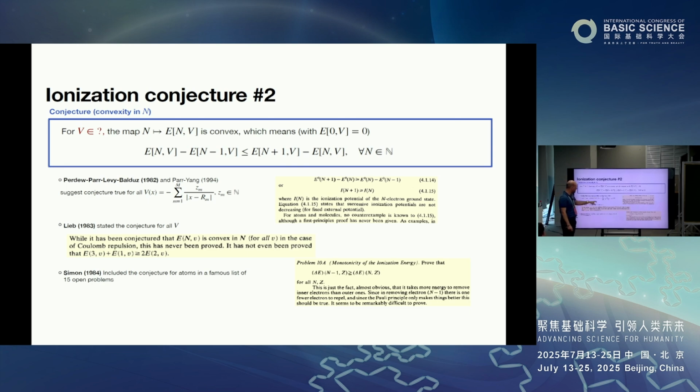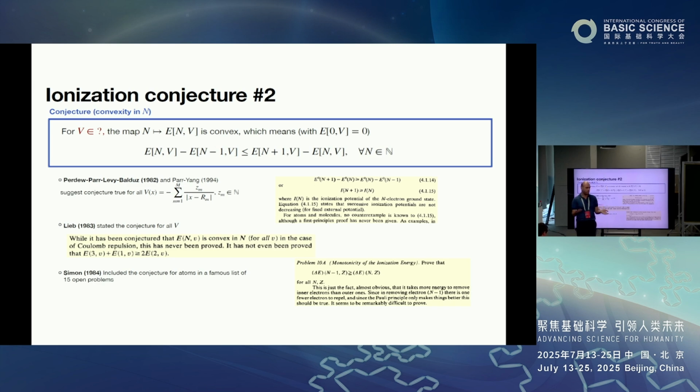They are chemists, so it was in 82, and they conjectured that this is true for a confining potential for molecules. Then it was restated in more mathematical terms by Lieb in 83, and it appears again as one of the open problems stated by Simon in his paper in 84. And so now, is this true, for example, for atoms and molecules?